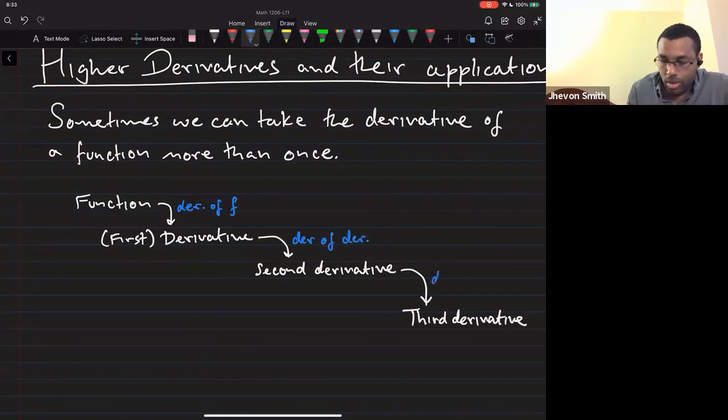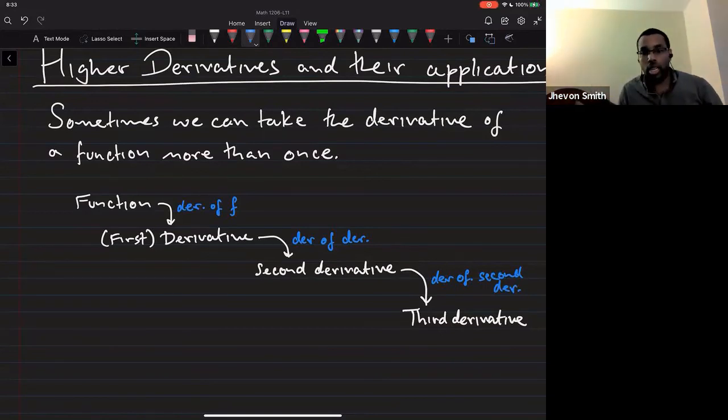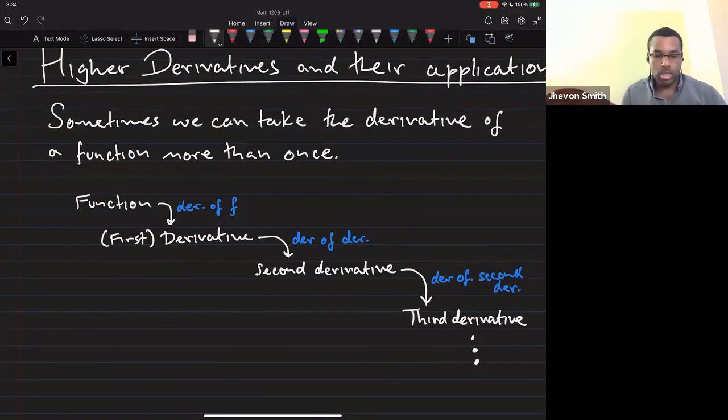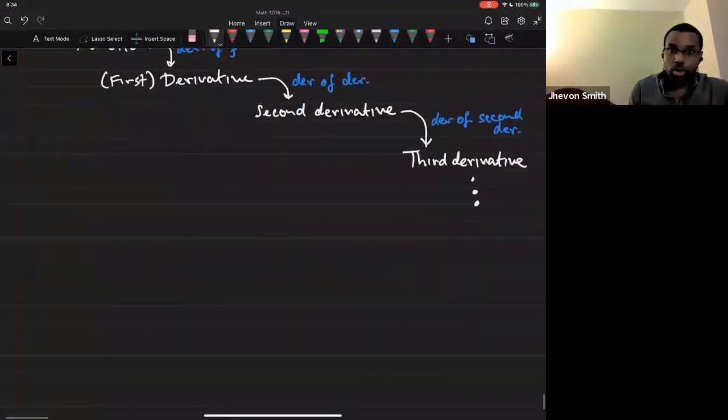Here, this is the derivative of the second derivative, etc. And you can just keep going. Not all the time, but sometimes you can keep doing this. And it turns out that being able to do this is useful.